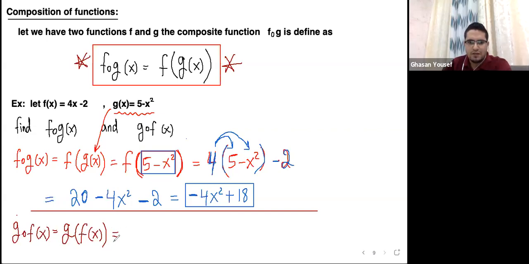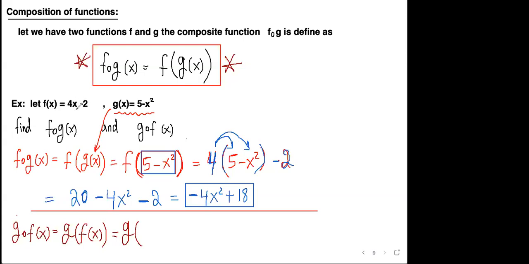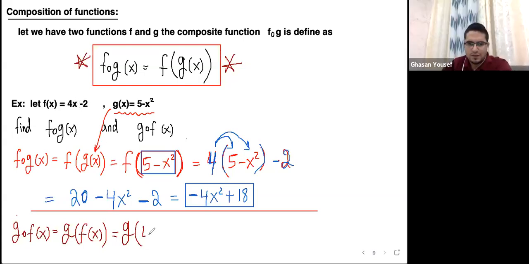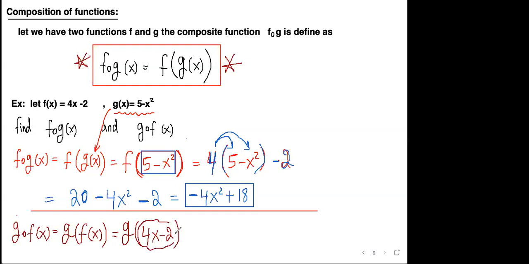Now plug the function f of x here. What do I get? g of what? What is f of x? You get g of 4x minus 2. Now plug this piece inside the function g.